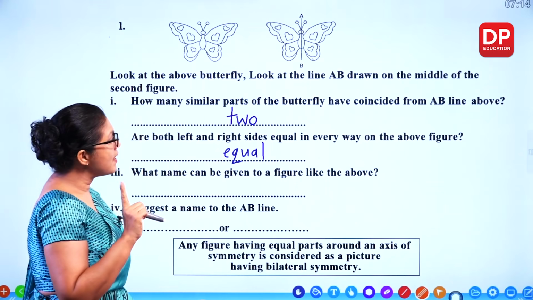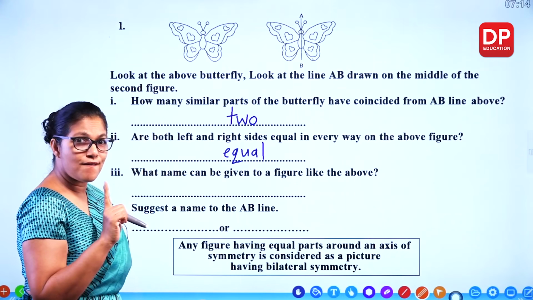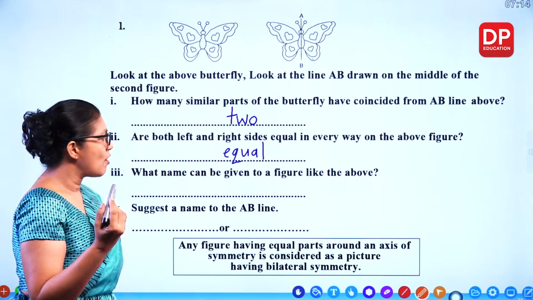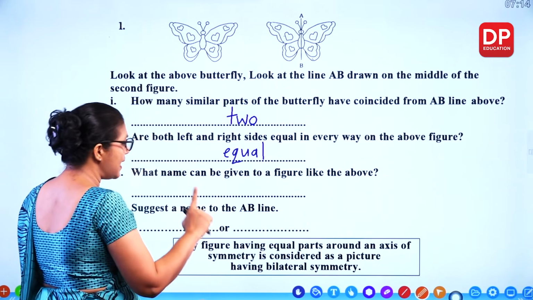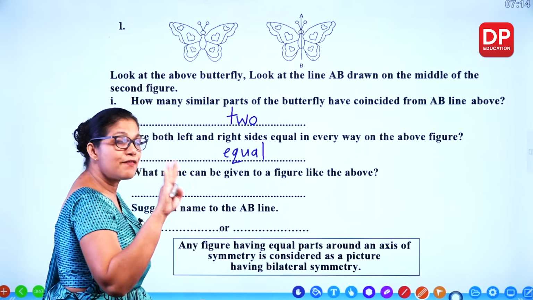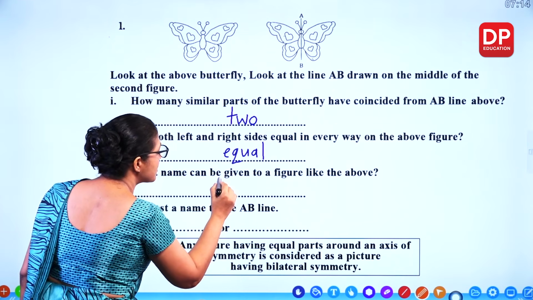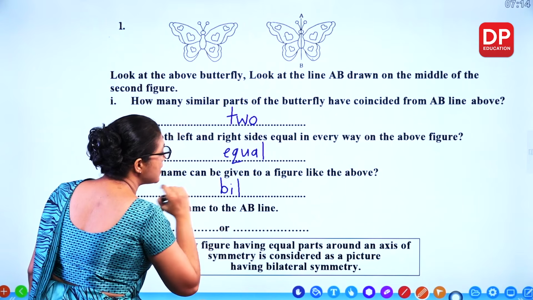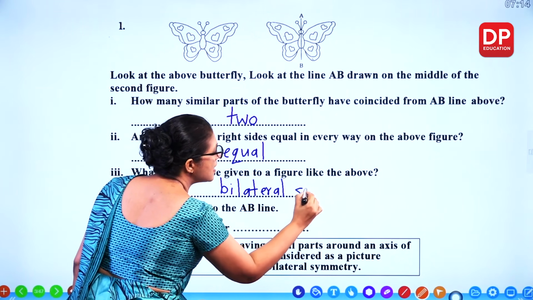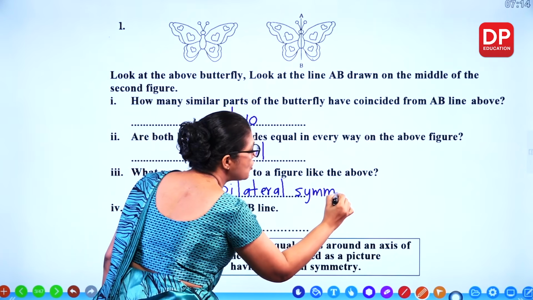What name can be given to a figure like the above? Symmetrical object, or you can say bilateral. Bilateral means divide into two equal parts. So I can write bilateral symmetrical object.